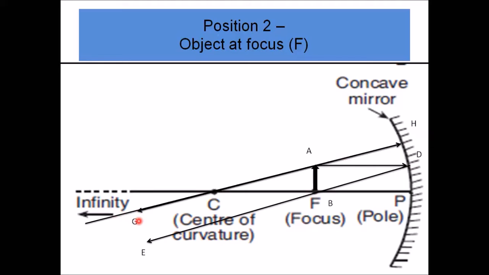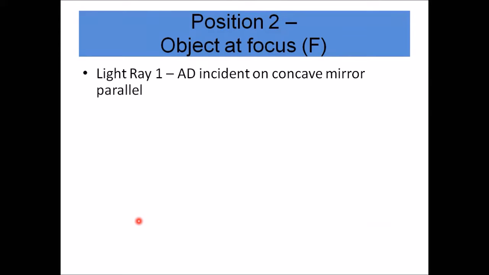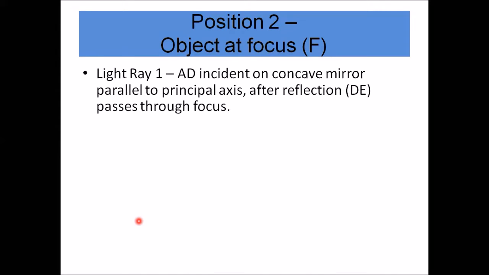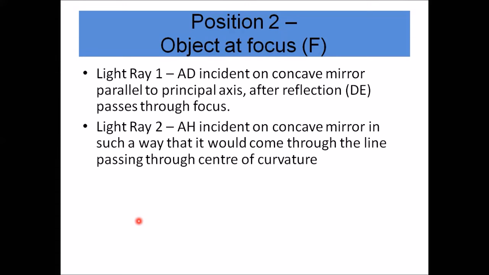So let us see what has been done till now. Light ray 1 was incident on the concave mirror parallel to the principal axis. After reflection, the ray DE was formed, which passes through the focus. Now about light ray 2, AH was incident on the concave mirror in such a way that it would come through the line passing through the center of curvature.